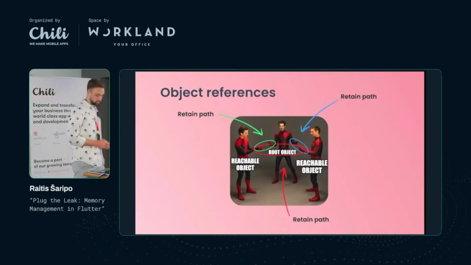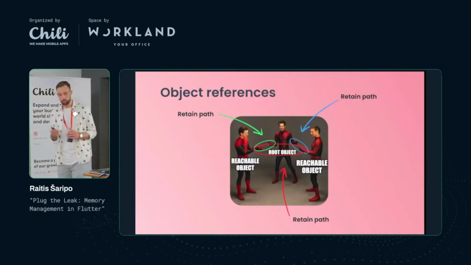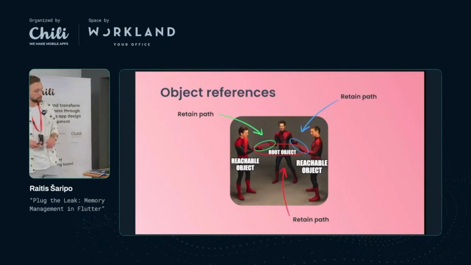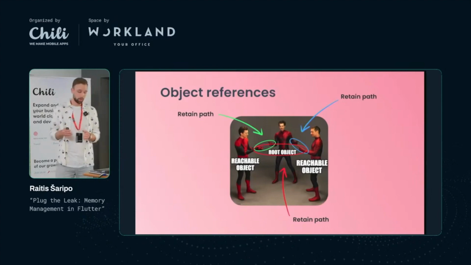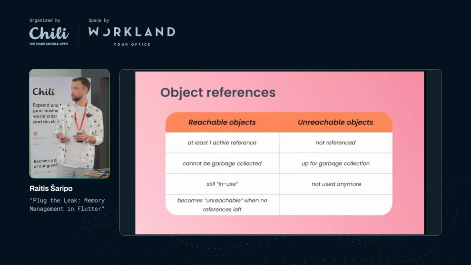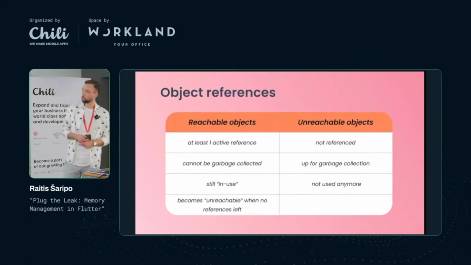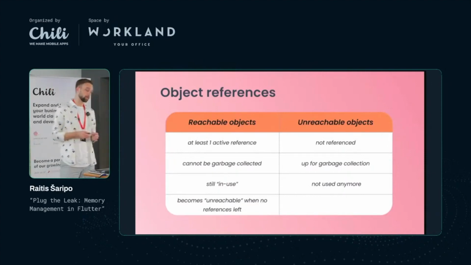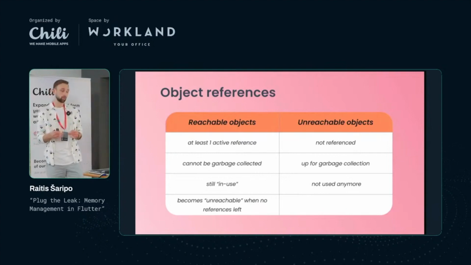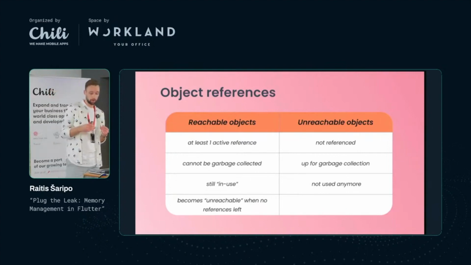So, what is a retaining path? It's a sequence that is formed by references that are pointing from one object to another. There are reachable objects and unreachable objects. A reachable object is an object that has at least one reference pointing to it, which means that it's currently considered to be in use by the app.